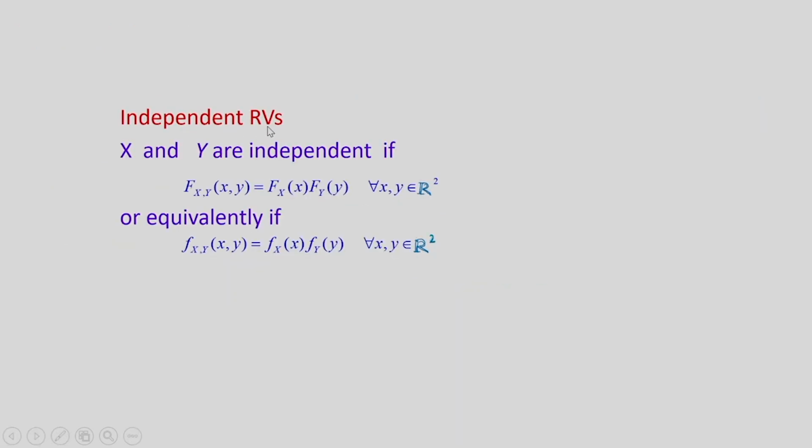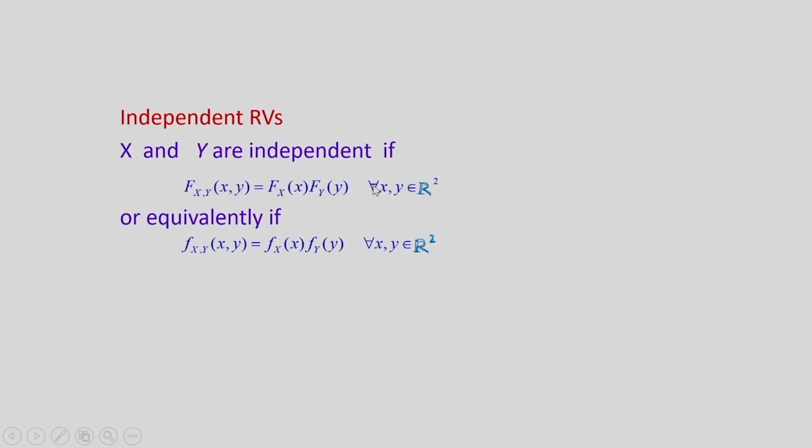Independent random variables. We know what are independent events. The same definition is generalized here. X and y are independent if the joint CDF at point x, y is equal to Fx of x into Fy of y.